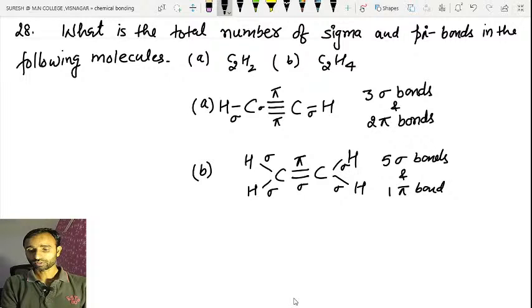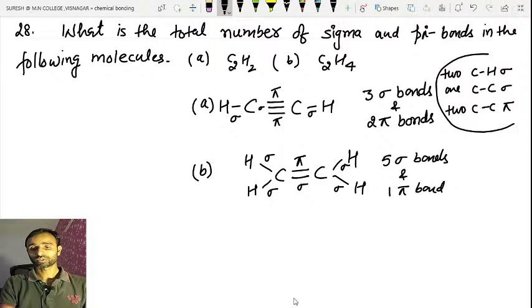You can write separately that in C2H2 there are 2 CH sigma bonds, 1 CC sigma bond and 2 CC pi bonds.